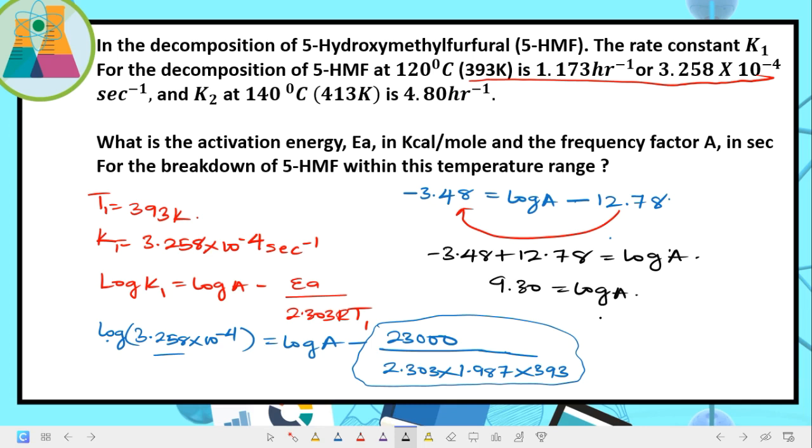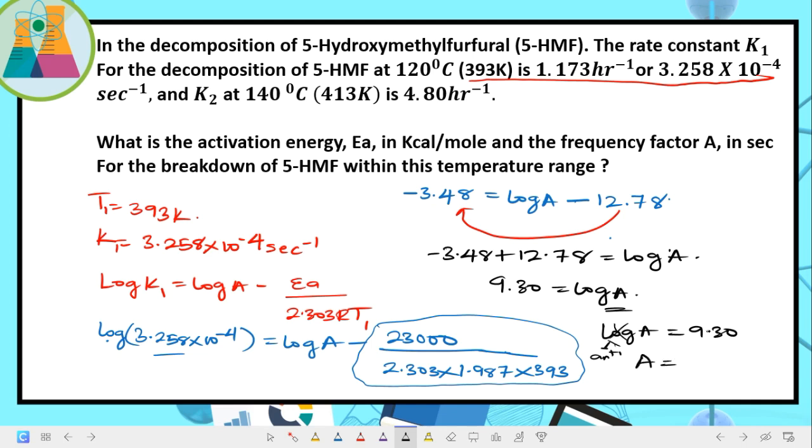Now to find A, if log A is equal to 9.30, A will now be the antilog, because if you find the antilog of this, it will cancel the log.